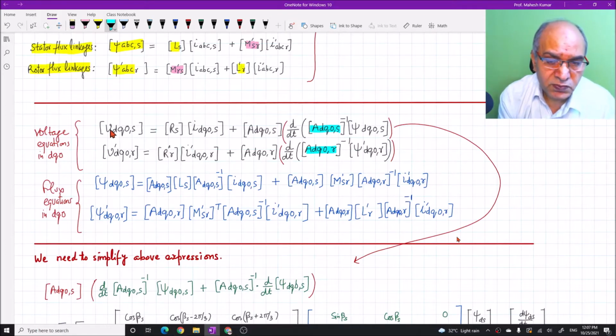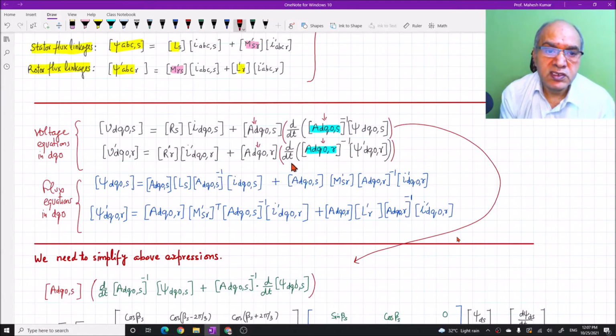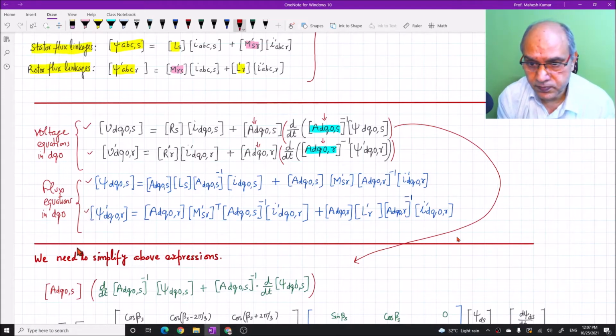In these equations, we just have used ABC, but through these transformation matrices, we are transforming the ABC into DQ0, and these are the DQ0 expressions for voltage on the stator side and rotor side, and the flux linkages on the stator side and the rotor side.